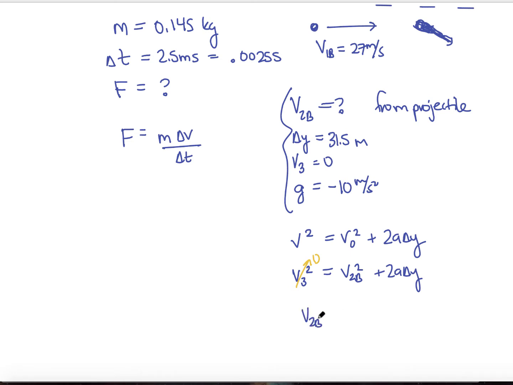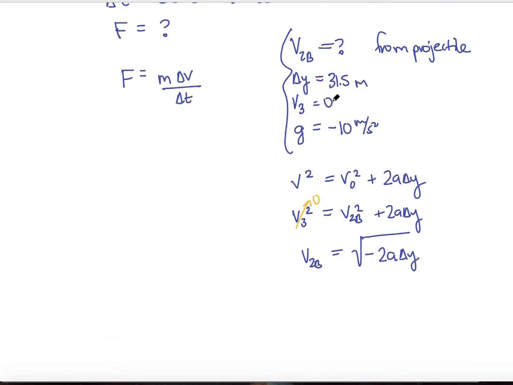So v2b is going to be equal to the square root of negative 2a delta y. So I guess maybe instead of g, we should have said a. Let me erase that and fix it. And so v2b is therefore going to be the square root of negative 2 times negative 10 times 31.5.